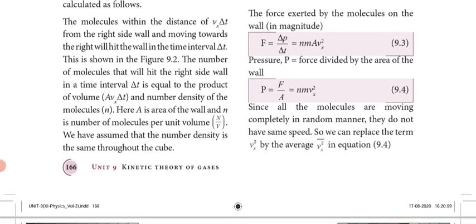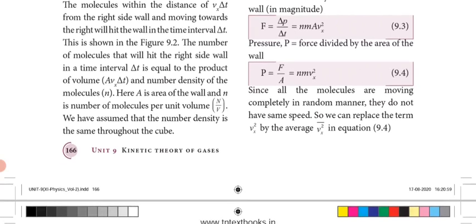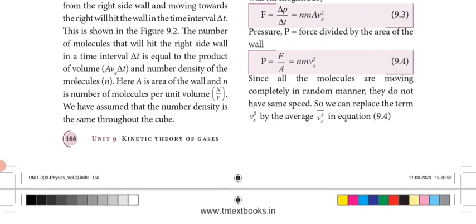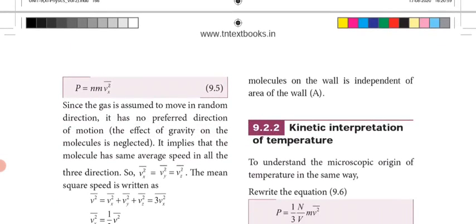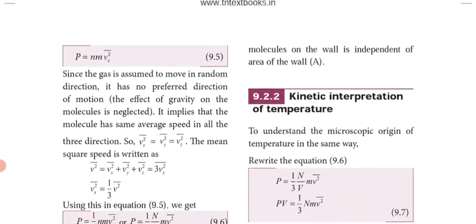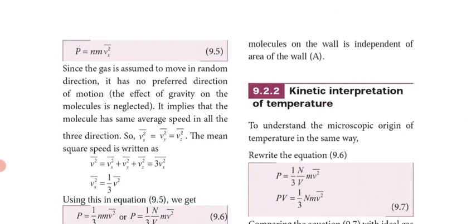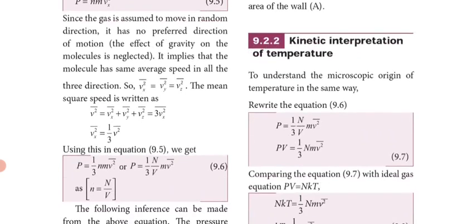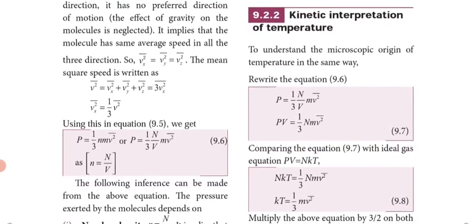Since all the molecules are moving completely at random but do not have the same speed, we can replace the term Vx square by the average Vx square bar in the equation. The gas is assumed to move in random motion with no preferred direction of motion. So it implies that the molecules have the same average speed in all three directions. So Vx square bar is equal to Vy square bar and Vz square bar.